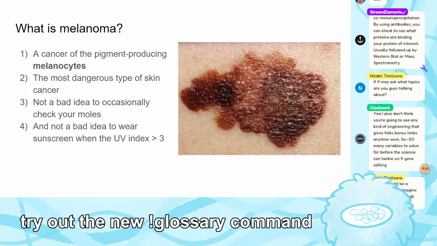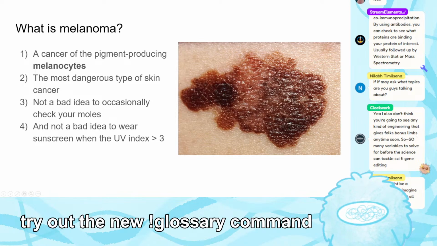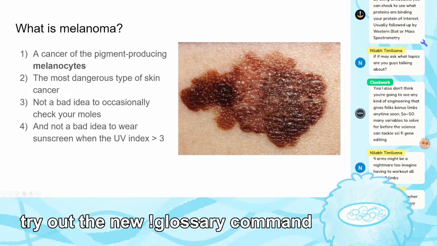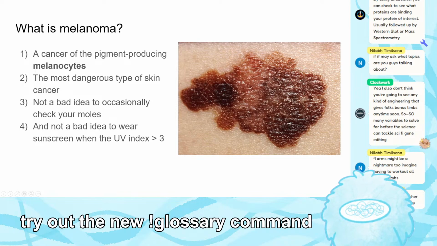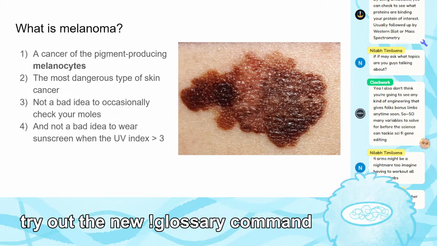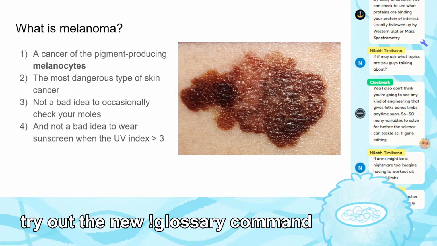You know, look at yourself in a mirror, and if you see a black patch, a darkly colored patch of skin, it's a good idea to have that checked out, right? It's also not a bad idea to wear sunscreen when the UV index is greater than 3, right? Like, this is a cancer you do not want. Its only saving grace is that you have some control over seeing it coming, right?